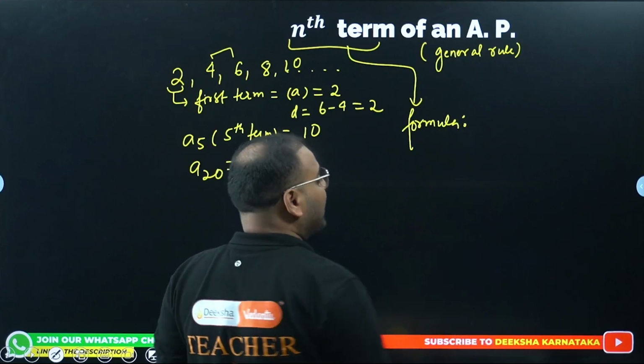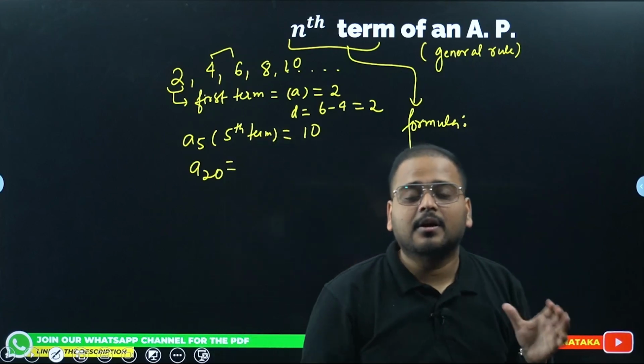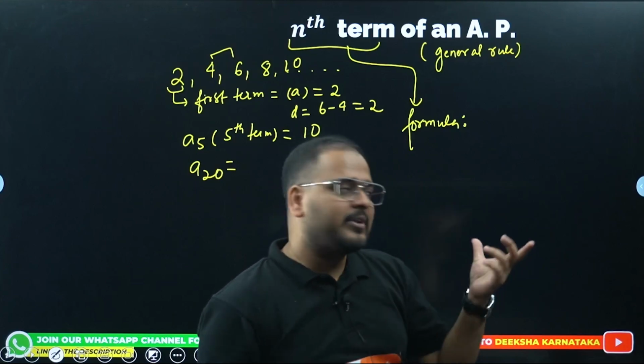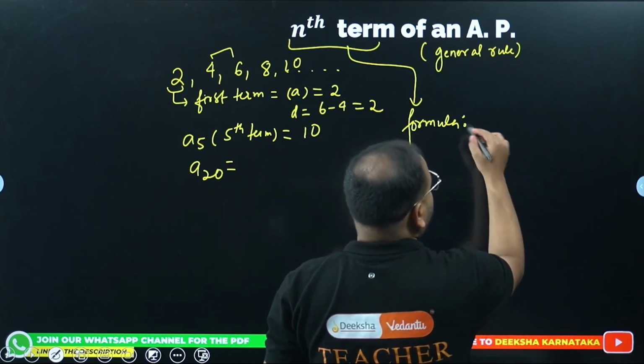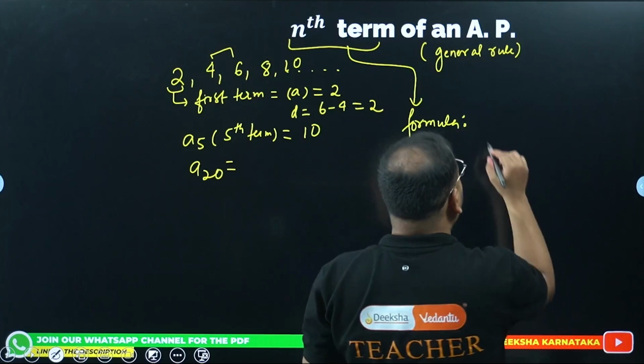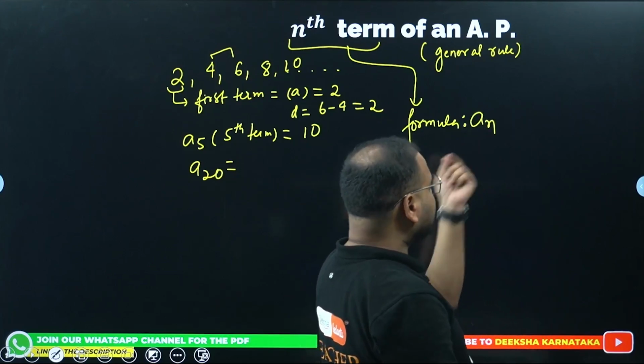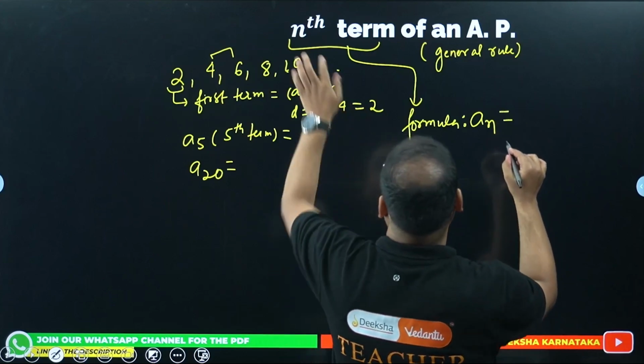What is the formula? I'll write the formula here, and then I will explain the approach to reach it. The formula for the general rule or nth term rule is given by a_n, the letter a with suffix n, which represents the nth term.